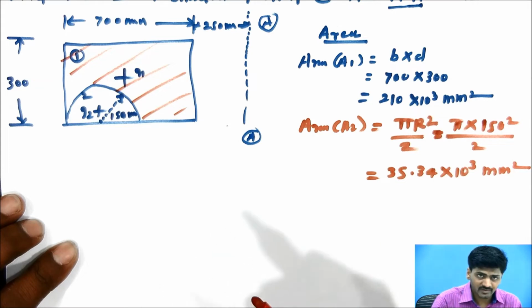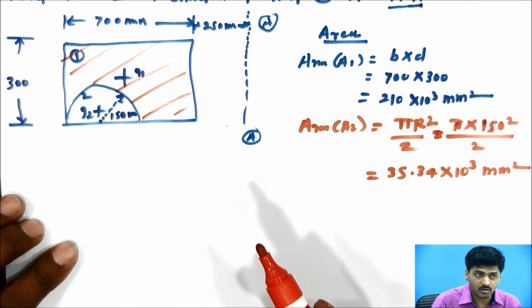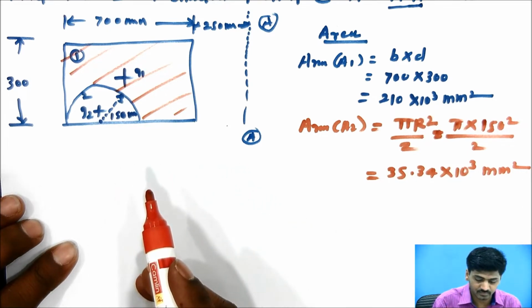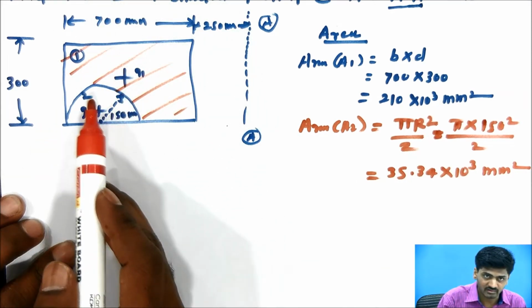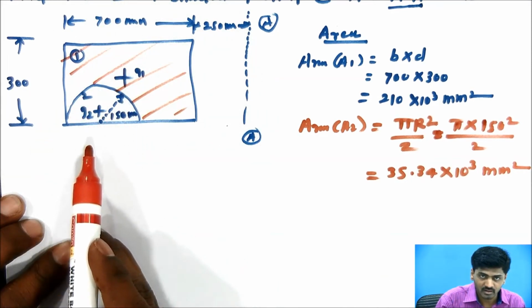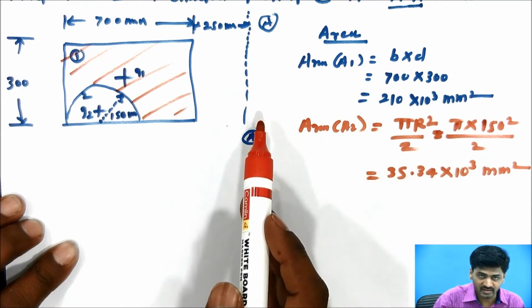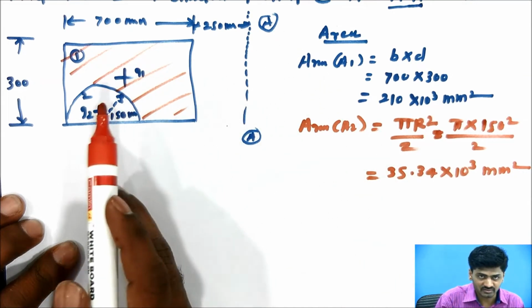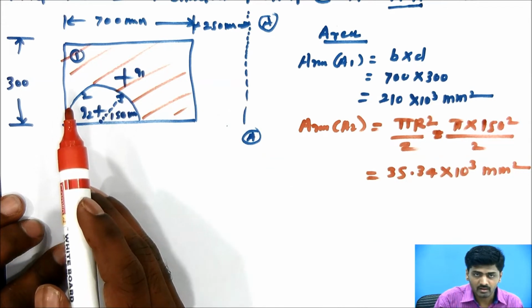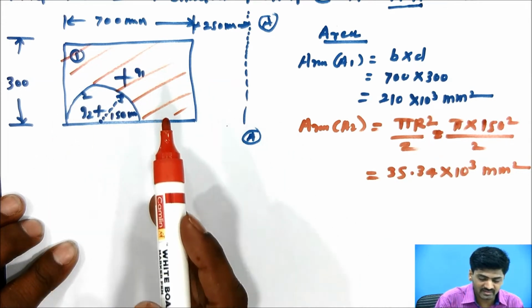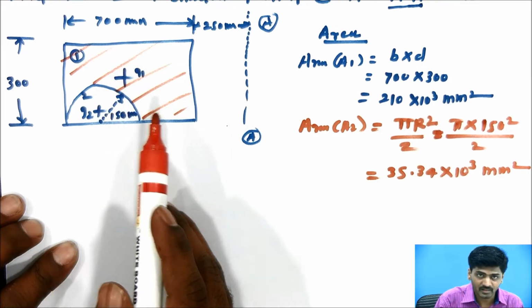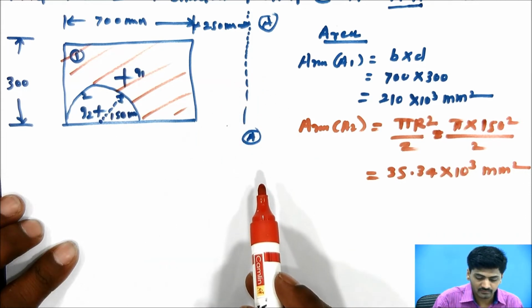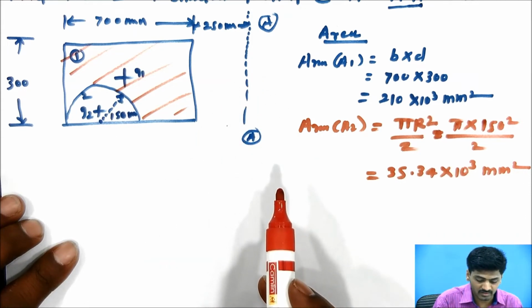To identify the moment of inertia, we need to apply the parallel axis theorem, because the y axis of the first figure, the y axis of the second figure, and the main axis A are parallel to each other. You consider the distances between the original axis and the given axis. So the parallel axis theorem we are going to apply.